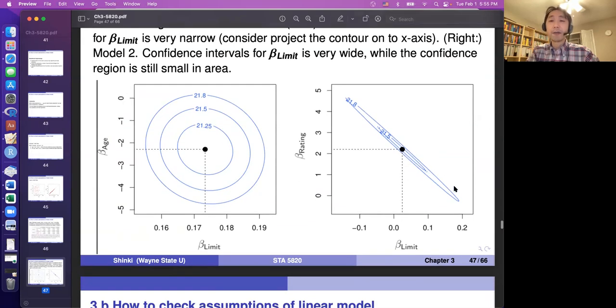So in this case, even though the regression result isn't bad, in the sense that this contour doesn't have a large area, if we see each estimator, each coefficient, then it has wide variability. That is happening here.